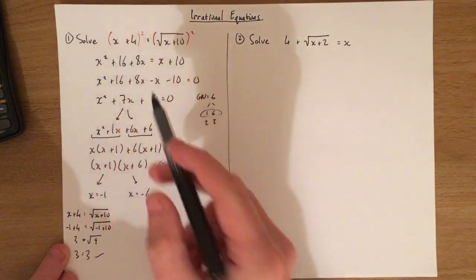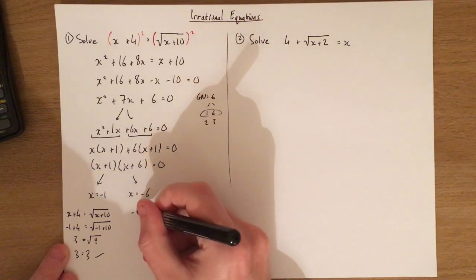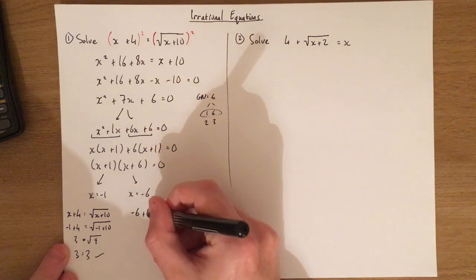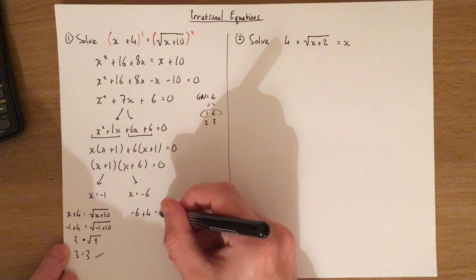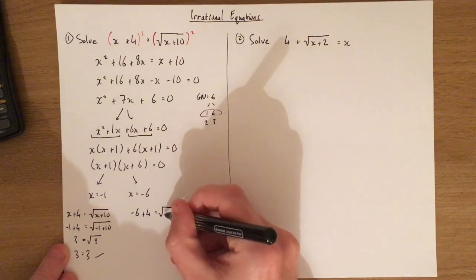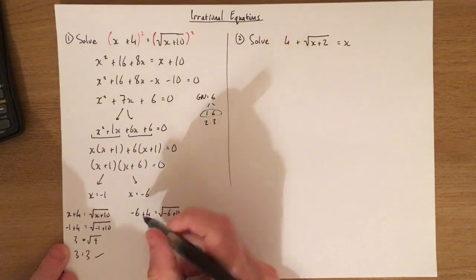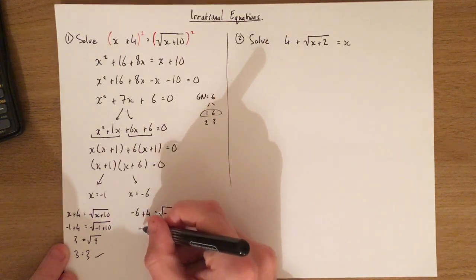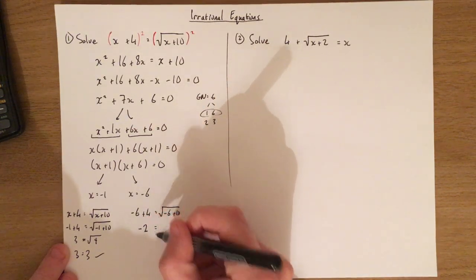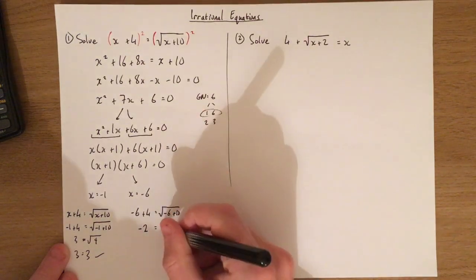So x plus 4. So minus 6 plus 4 is equal to the square root of minus 6 plus 10. So 4 minus 6 is minus 2 is equal to 10 minus 6 is 4.